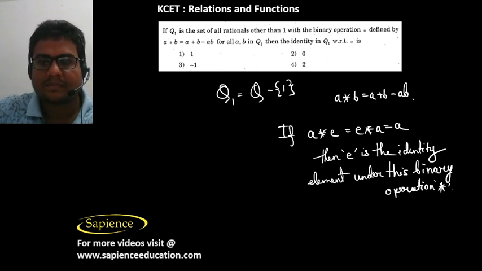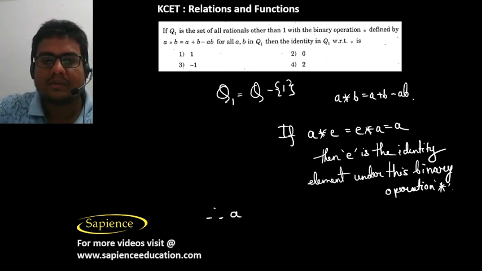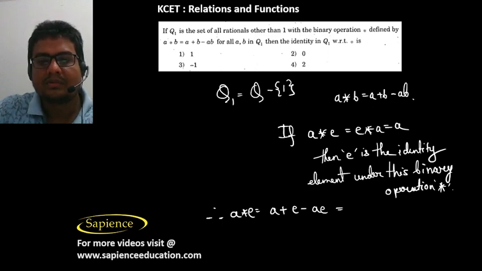Therefore here also, a star e will be equal to a plus e minus ae, and that should be equal to e star a. E star a will be equal to e plus a minus ea.